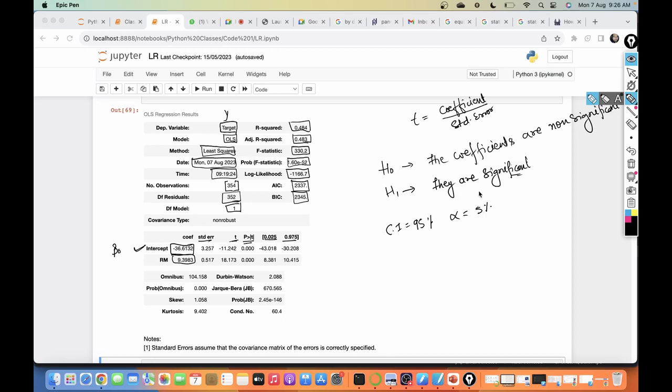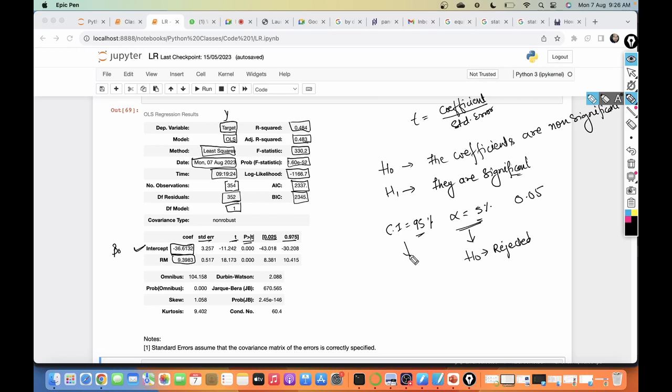Practically, we take 95% as the confidence interval, right? And this is the significance level, 0.05. If something falls into the significance level, the null hypothesis is rejected.